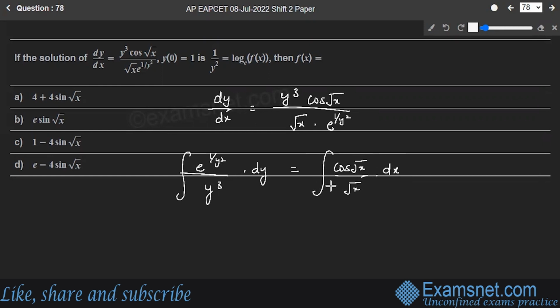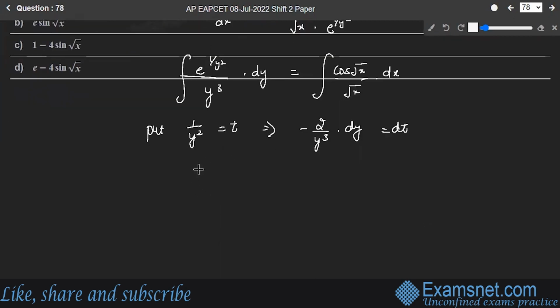Now, this can't be solved directly. I'll be putting something. 1 by y square is equal to t, which gives me minus 2 by y cube into dy is equal to dt. Another thing, I'll be putting root of x is equal to u.